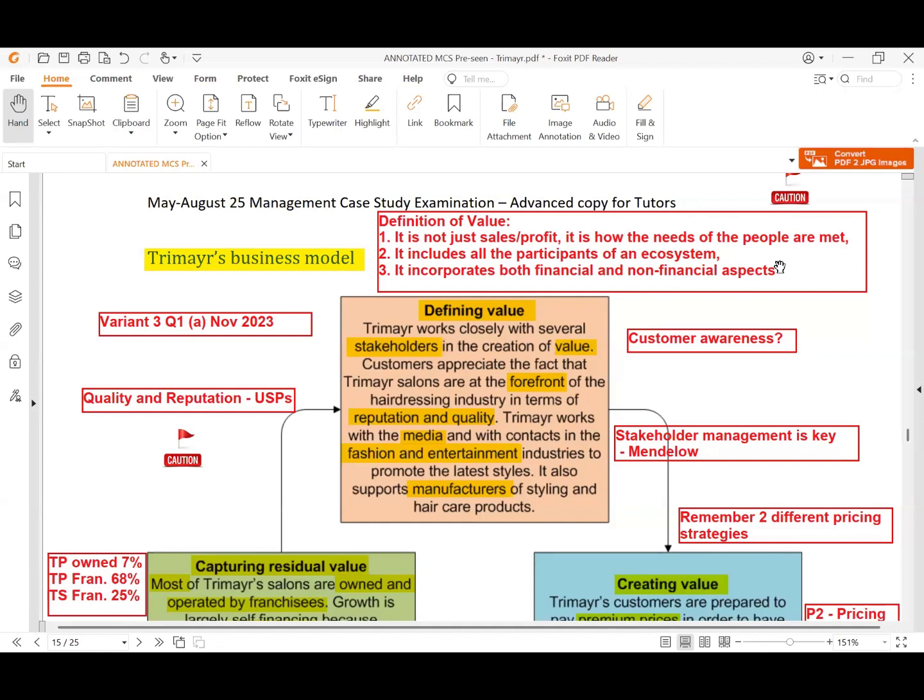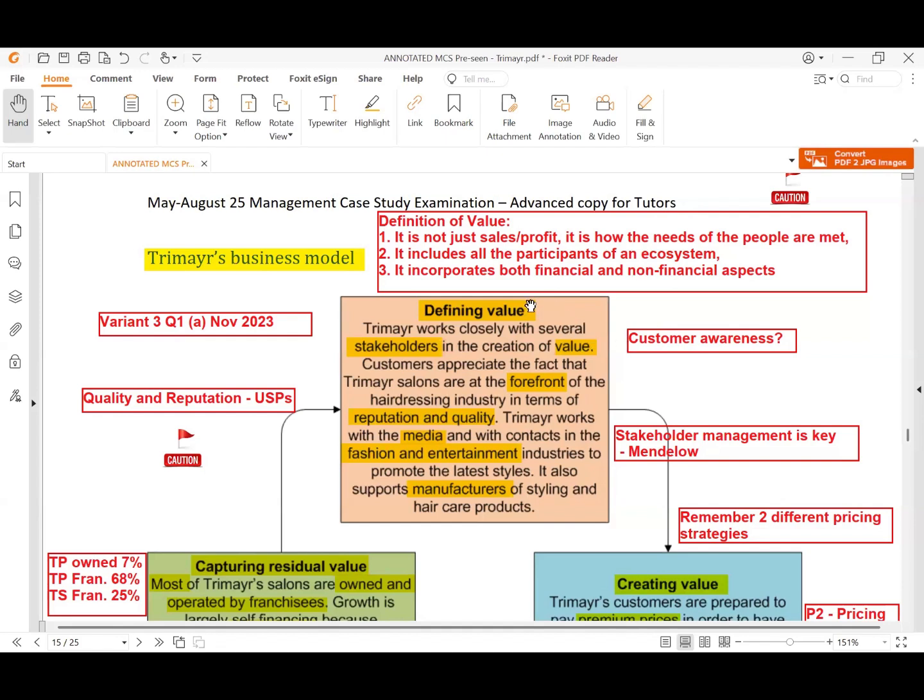There's a myriad of participants or stakeholders in Trymar's ecosystem. Who are they? It's not just shareholders, but the government, the local community, the employees, etc. So this concept of value was brought in to make us understand that value is created in a number of different ways for a number of different people.